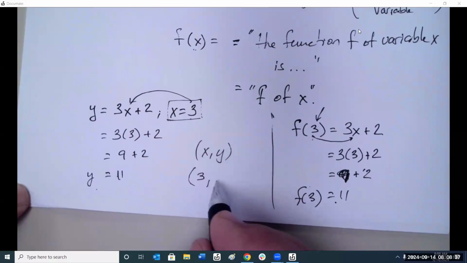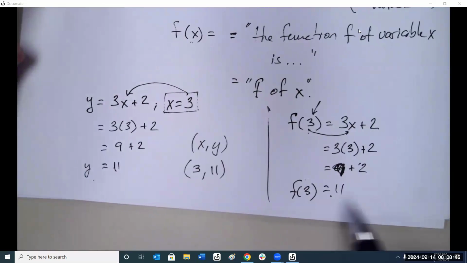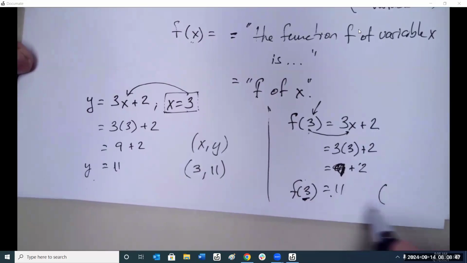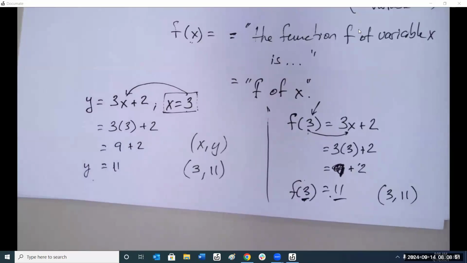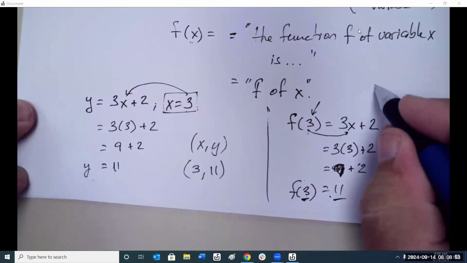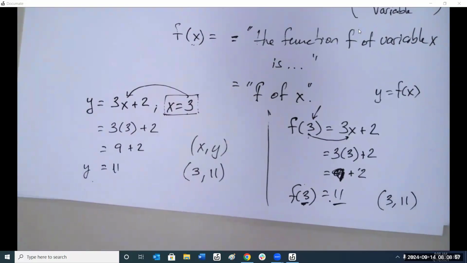And then what's the y value? Yeah, I'm glad you said that, because now you have to go looking for x and y values. Here, it's all there. This is your x, this is your y, because y and f of x represent the same thing. It's the y value. It makes it much easier just to look at that.